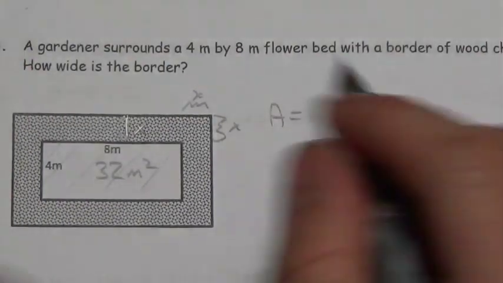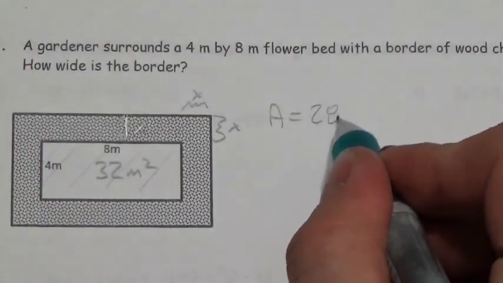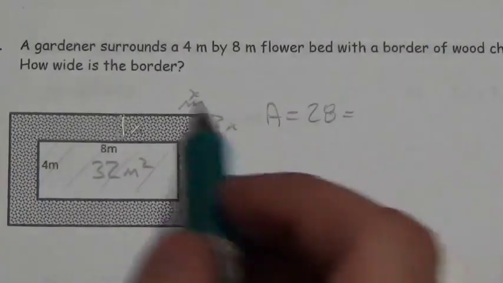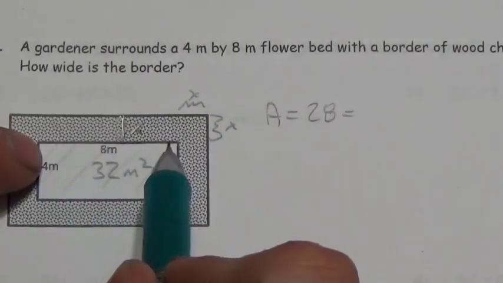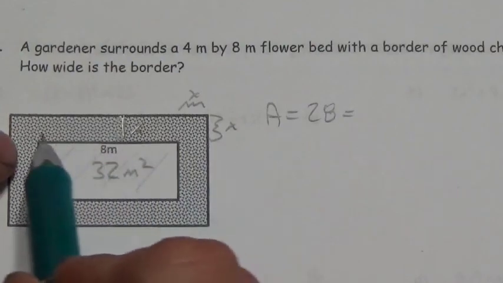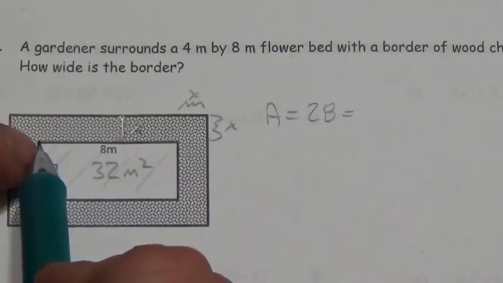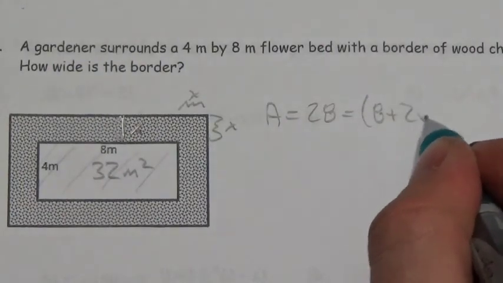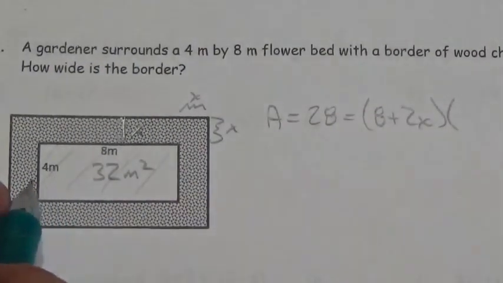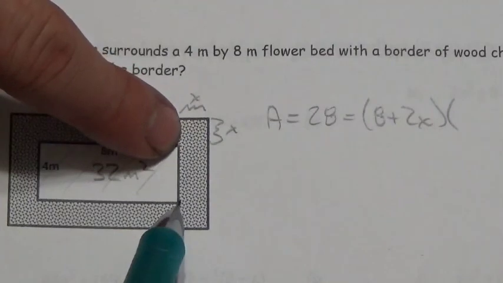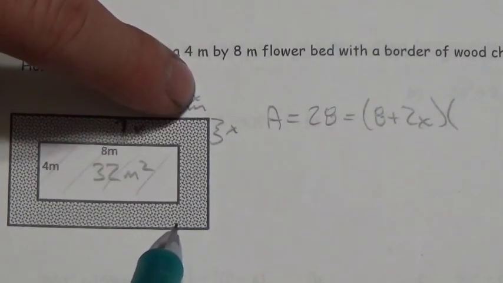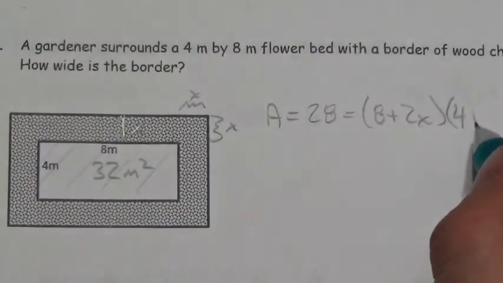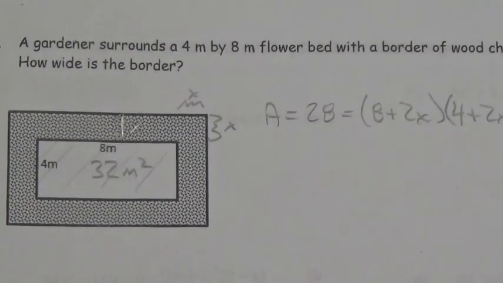I know that the difference between the areas is going to be 28, and the width of the larger rectangle is going to be 8 plus x plus x, so 8 plus 2x. The width of this one right here is 4, and then it's going to go x and x out this way, so this is also going to be 4 plus 2x.